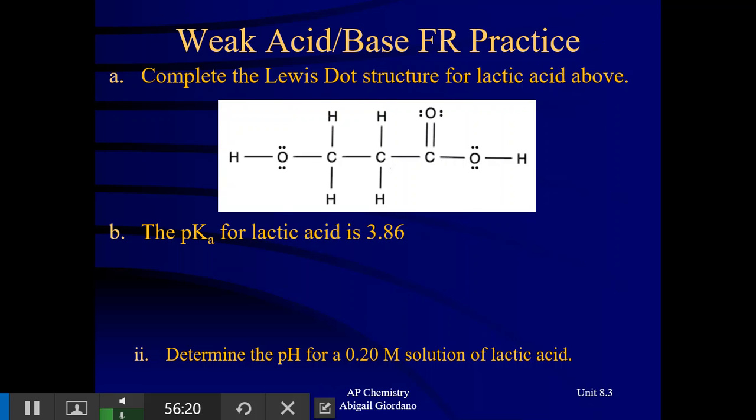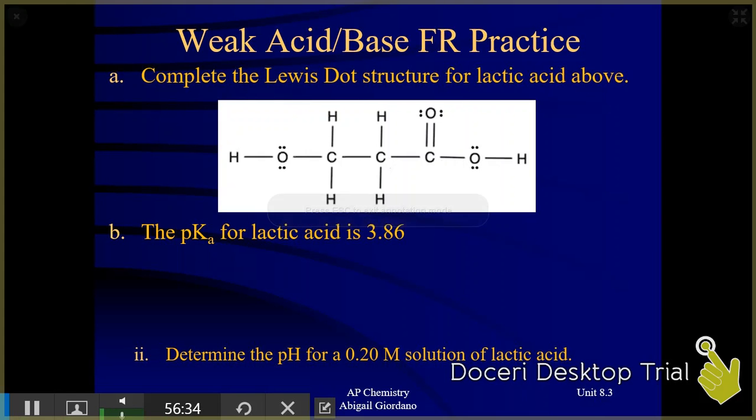Part B, number 1, says the pKa for lactic acid is 3.86, and you were asked to calculate the Ka. You might have been a little unclear on that, but remember, we talked about what that little letter p means, like in pH.